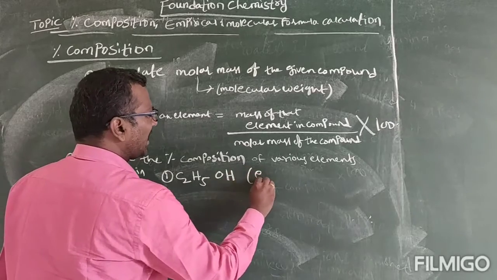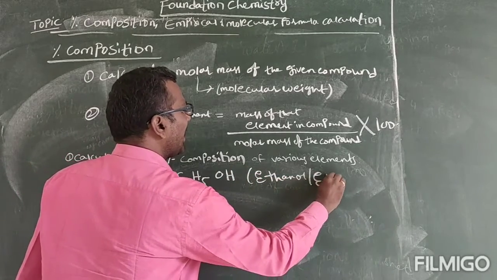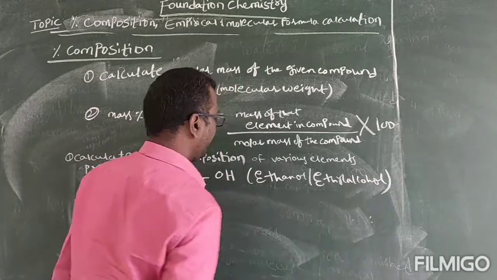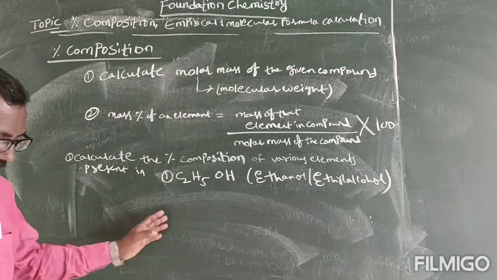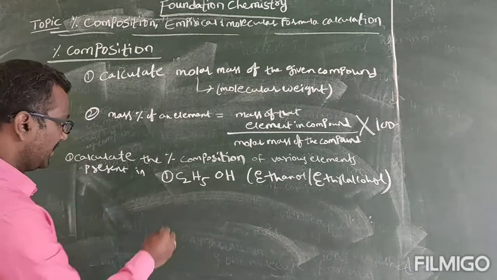What is this? Ethanol. It is also called ethyl alcohol. C2H5OH. You have to calculate the various percentages.